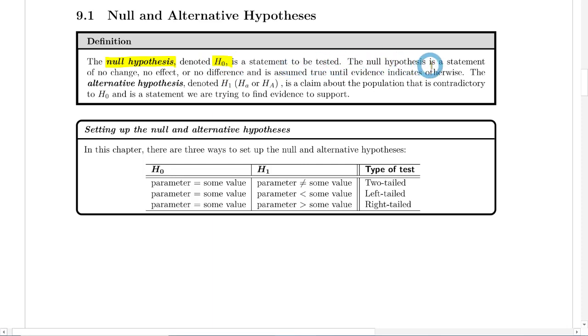The null hypothesis is a statement of no change, no effect, or no difference until it is assumed there's enough evidence to indicate otherwise. We can think of the null as status quo. Like flatlined, right? Nothing. We assume nothing's changed. That's the null hypothesis.